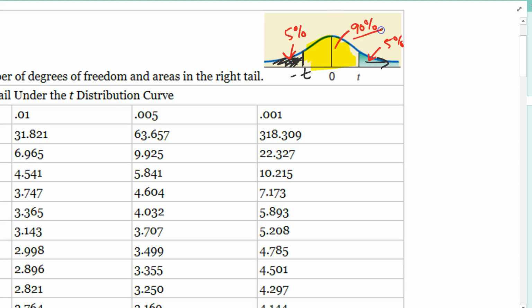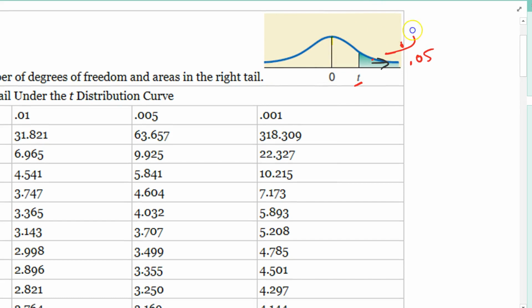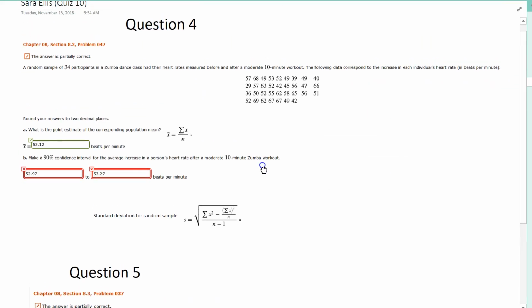So we want a confidence area of 90%. We're looking for the t-value where it gives us 5%, so the 0.05 t-value. So it's a little bit different than the normal distribution, but hopefully that kind of makes sense there, what you're looking for. And we're going to see that in the very first example, question 4.